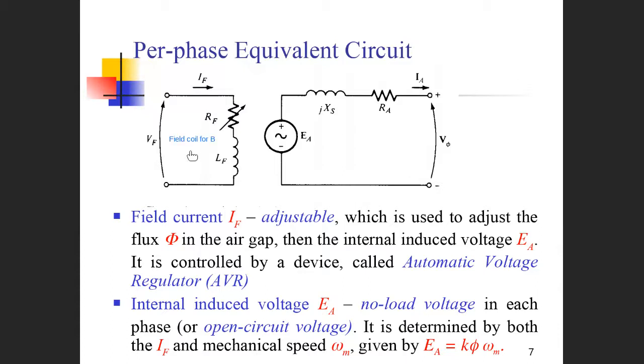The field coils are supplied with DC currents generally. The DC voltage, so the currents.